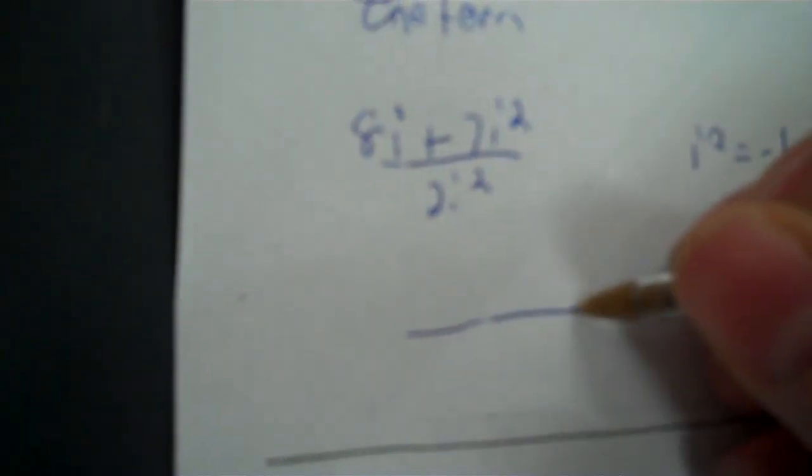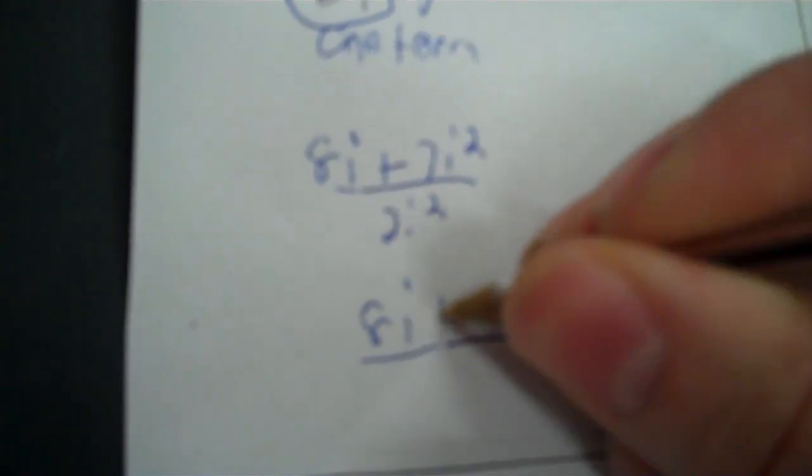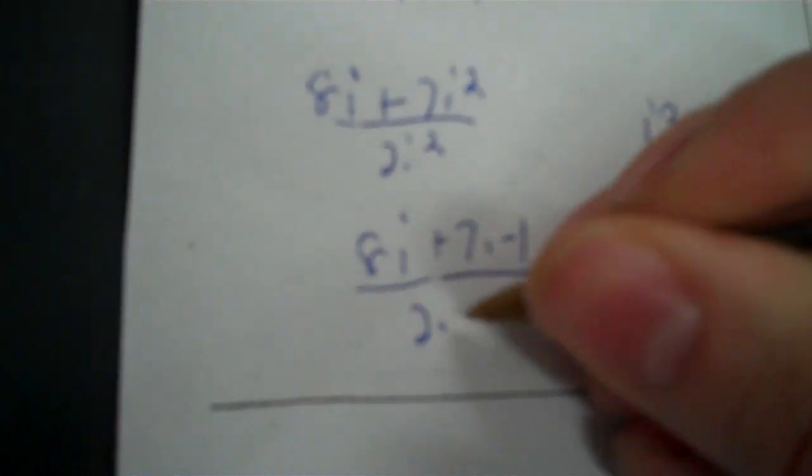And then 2i times i is 2i squared. Now replace your i squareds with -1. So 8i plus 7 times -1, and then 2 times -1, so you need to multiply those. 7 times -1 is -7, and 2 times -1 is -2.